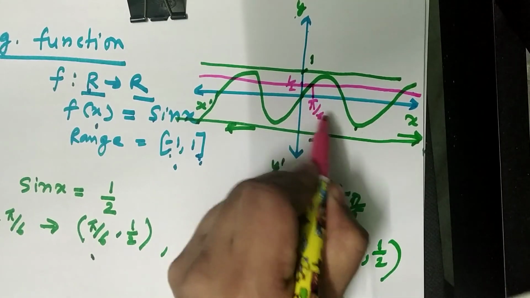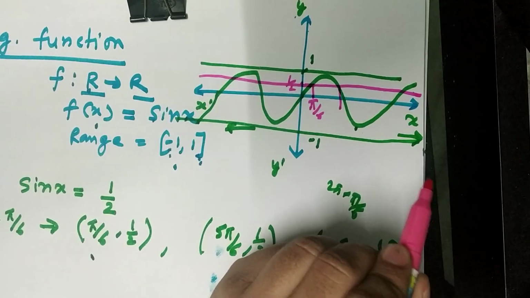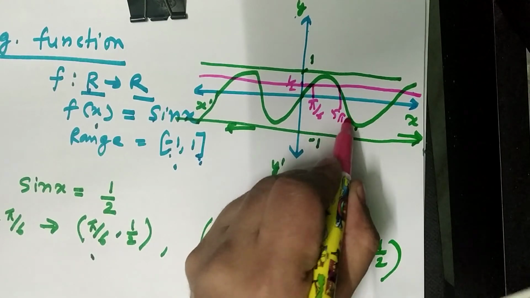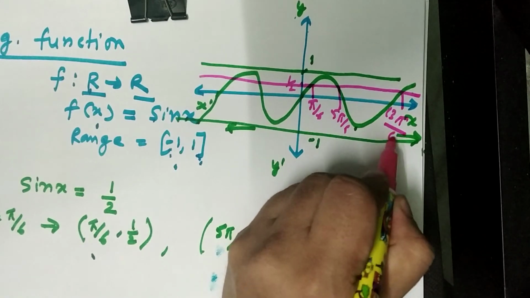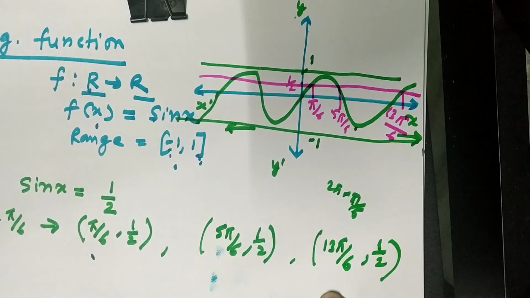This will be your pi by 6, this is your 5 pi by 6, and this point is your 13 pi by 6. So if a horizontal line cuts the graph of a function at more than one point, it means the function is not 1, 1. Now if the function is not 1, 1, it's not invertible, meaning we cannot find the inverse of the sine trigonometric function.